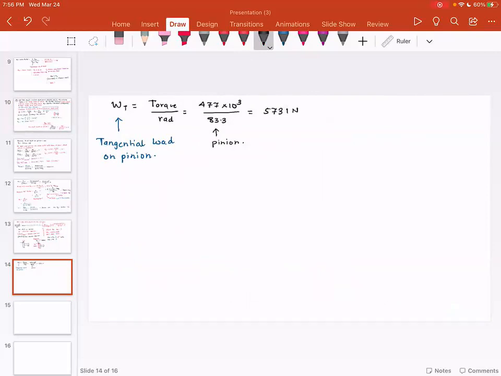The axial force is given as Wt tan of phi times sine of theta p, where phi is the pressure angle and theta p is the cone angle.